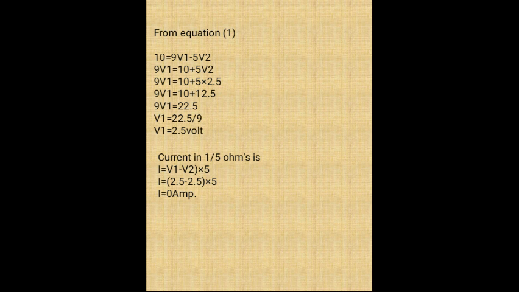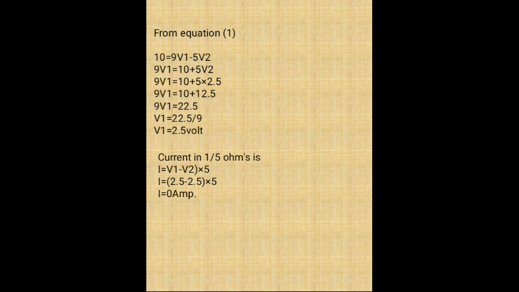So 9V1 is equal to 22.5. So V1 is 22.5/9. So the value of V1 is 2.5 volt. It means at node number 1, voltage V1 is 2.5 volt. So the current in the 1/5 ohm resistance is I = (V1 − V2)/(1/5), that is (V1 − V2) × 5.